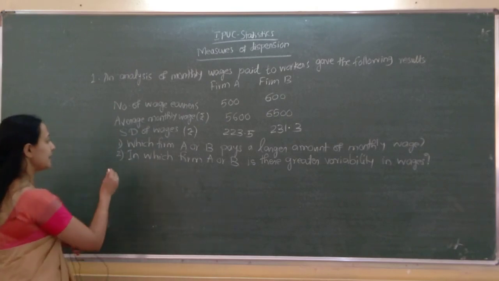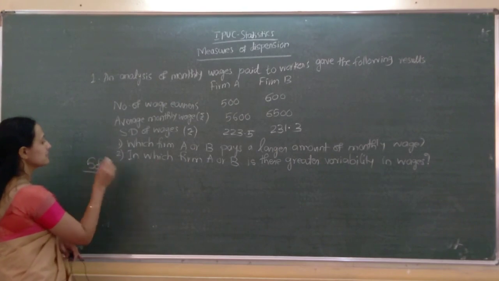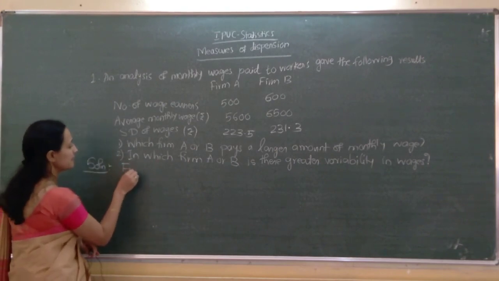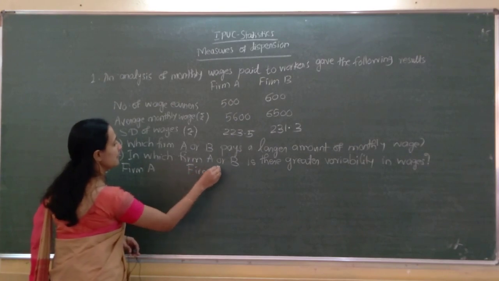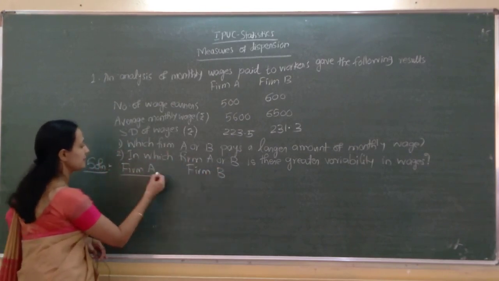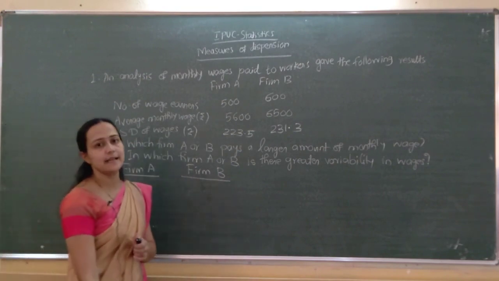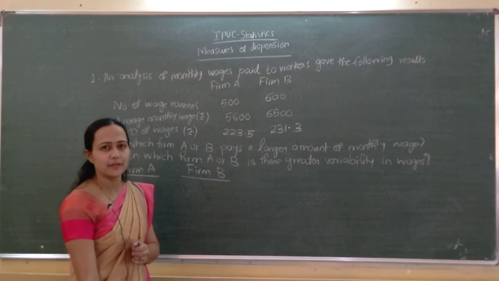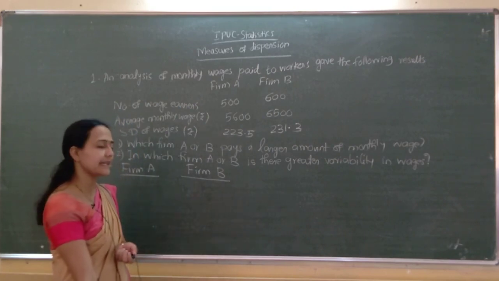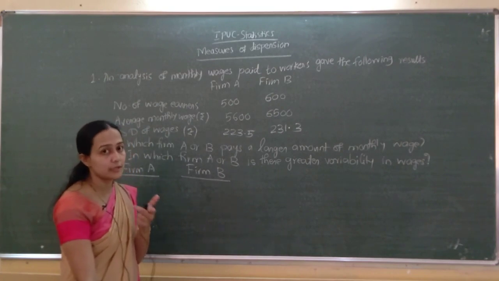So first we will write what all is given. Here firm A, here firm B. First we will write firm A, number of wage earners. For the time being I am taking N itself. Firm A and firm B we are computing separately, so no need to confuse.